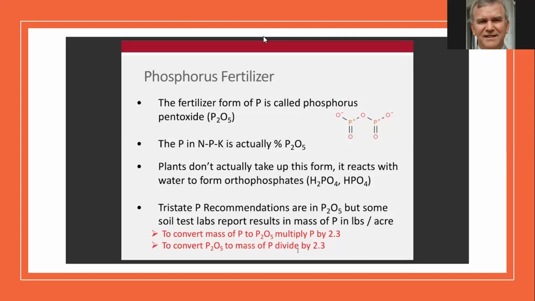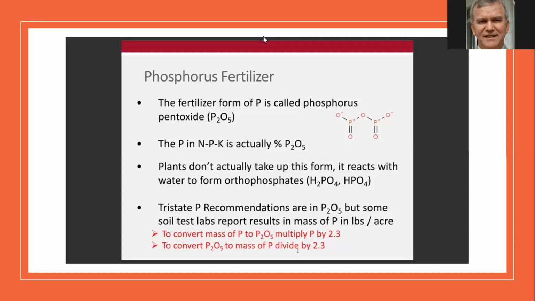Now, that goes up and down depending on the weather and the locality, the soil type, all these factors. But generally speaking, an ideal soil is about 25% water. So when you deliver P2O5 to a soil, it interacts with the water in the soil to form orthophosphates, H2PO4, HPO4.